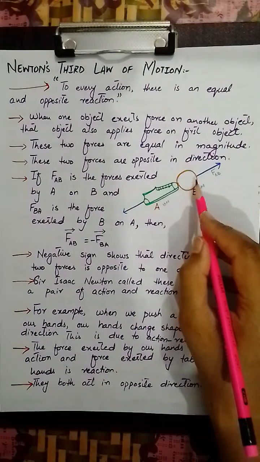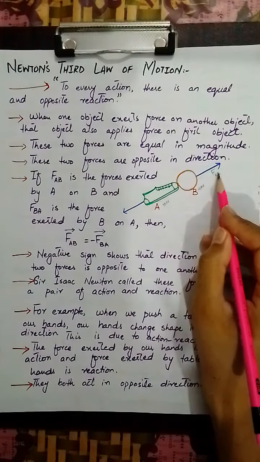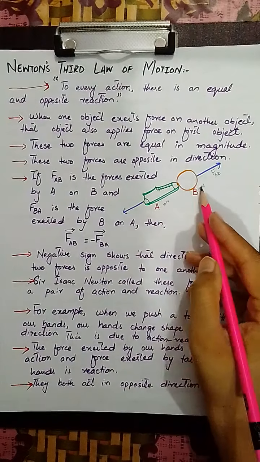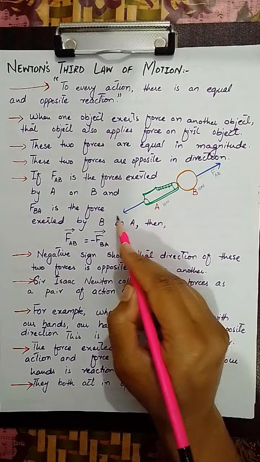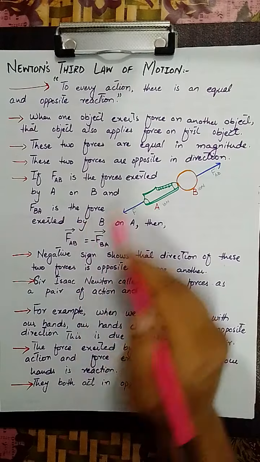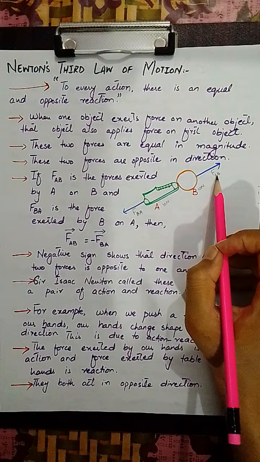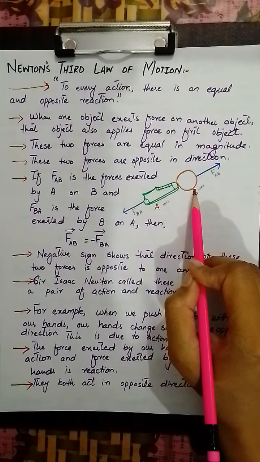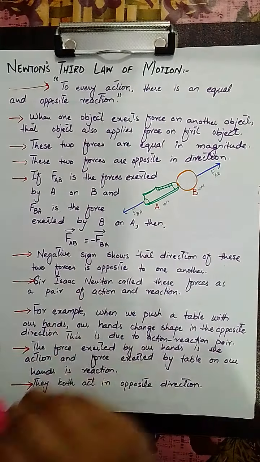So the force that is applied by the object A on the object B, right, is towards the right, and the force that is applied by the object B on object A is towards the left, and this force is called FBA, and FBA is the force exerted by object B on object A. So FAB is the force applied by A on B. FBA is the force applied by B on A, right?